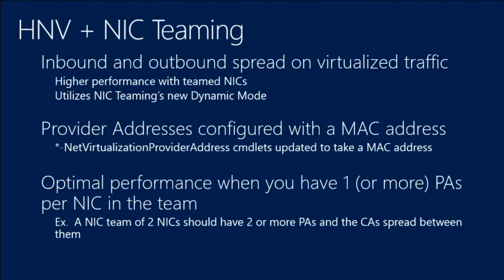For this one, we actually did a demo at TechEd New Orleans, so I'm going to skip this demo and do some other demos. If you are interested in how this works, I recommend you take a look at that video and see how it works.